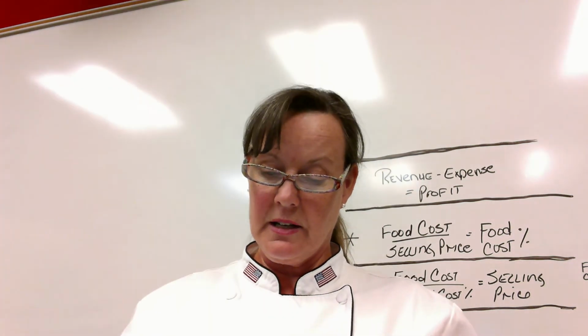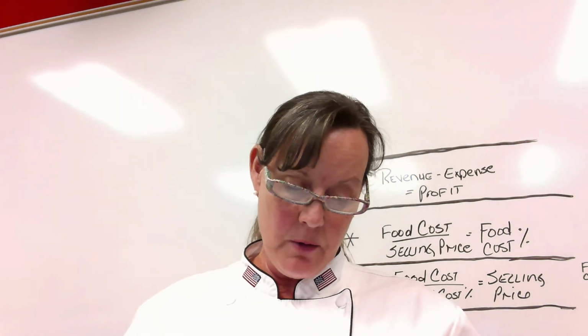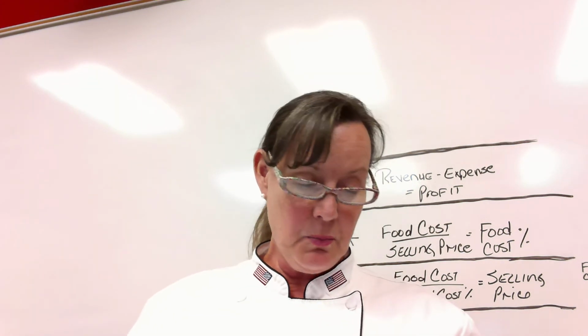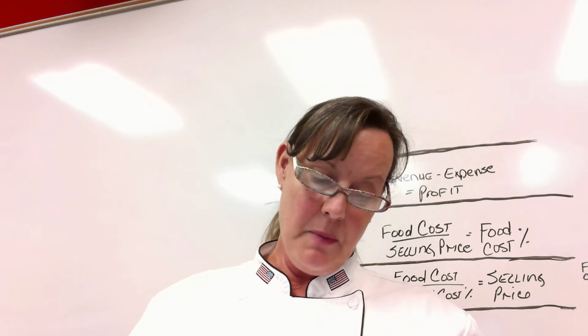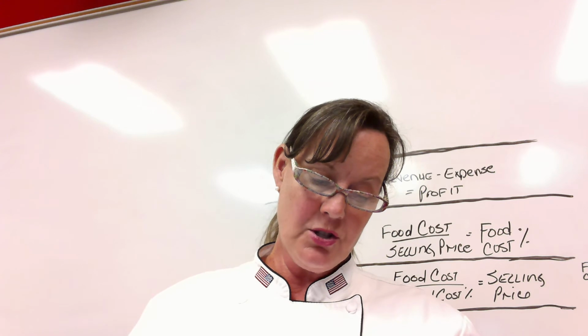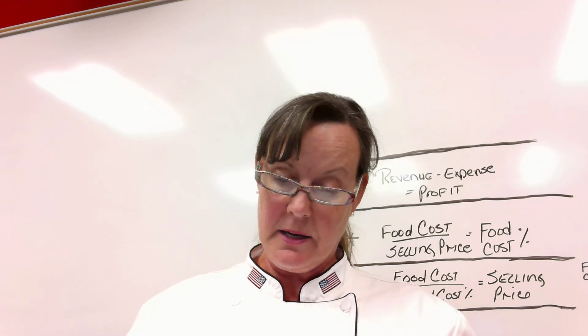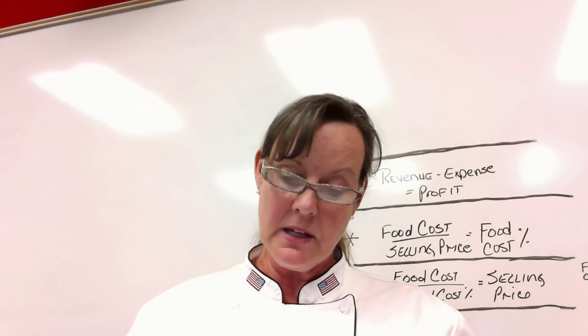So definitely look into that one, all right? Now the other one is your prime cost. That is your labor cost plus your food cost, divided by your target labor cost percentage plus your target food cost percentage. That's going to equal your selling price.